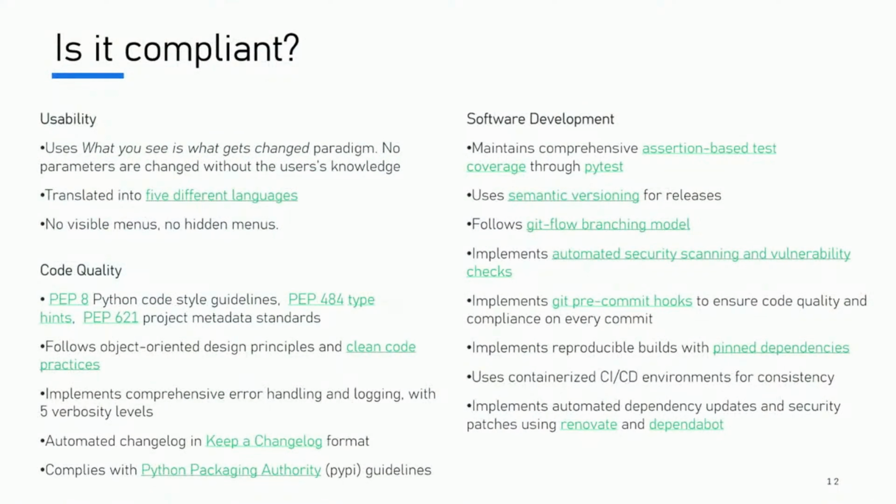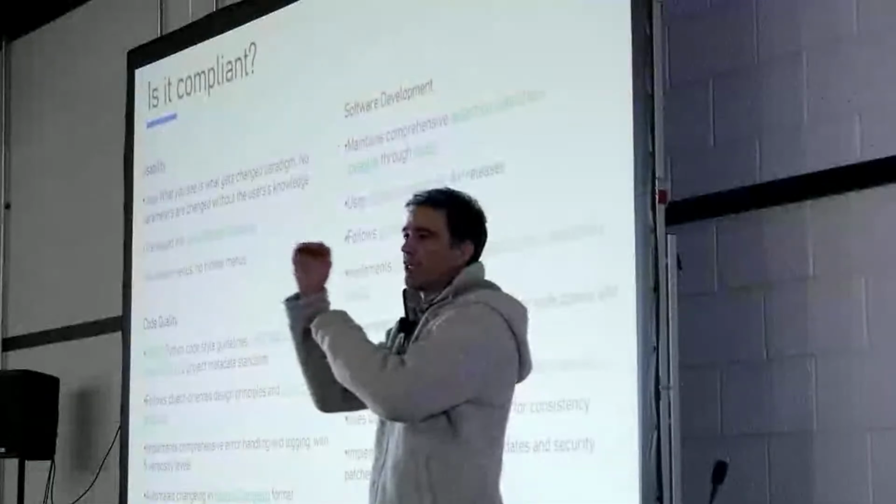So is it compliant? How is the software built? Well, the user interface is a little bit old because it's Tkinter and it's not the newest and shiniest, but it uses the paradigm: what you see is what gets changed. So if I have 5 parameters on that list, the tool will only change those 5 parameters.